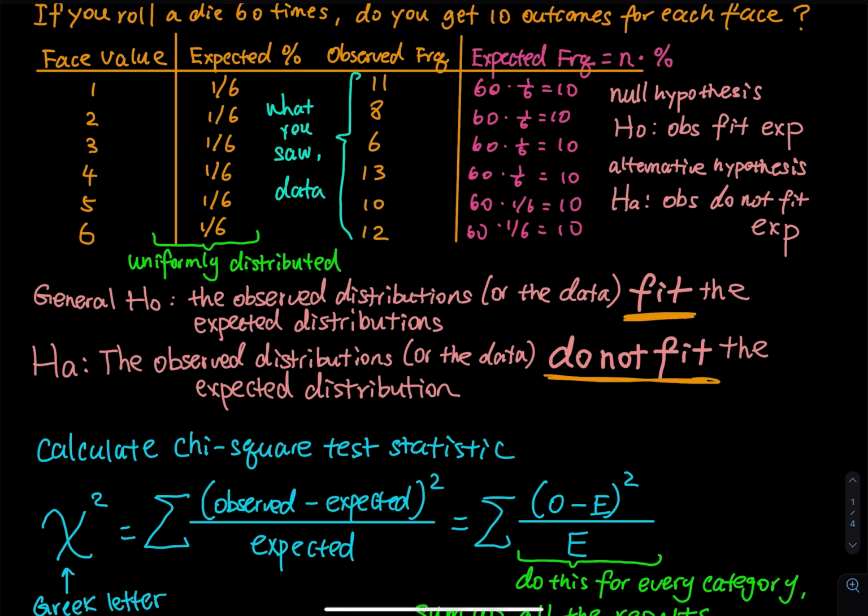There is a way to calculate the z value for one sample and two samples. And for the t-test, there is a formula to calculate the t value, which is called the test statistic. And for the proportion, there is also a way to calculate the test statistic. And then the test statistic leads you to the p-value.